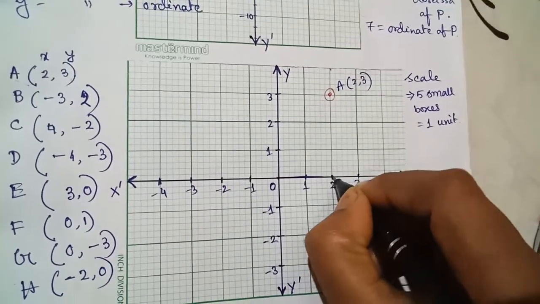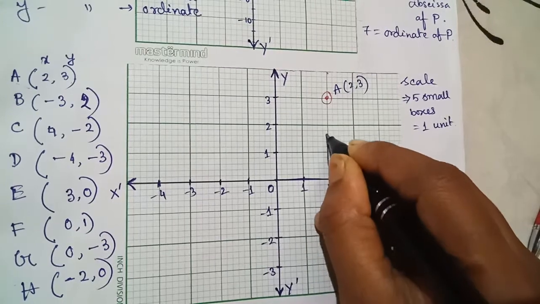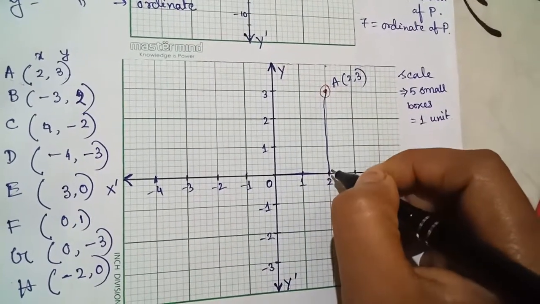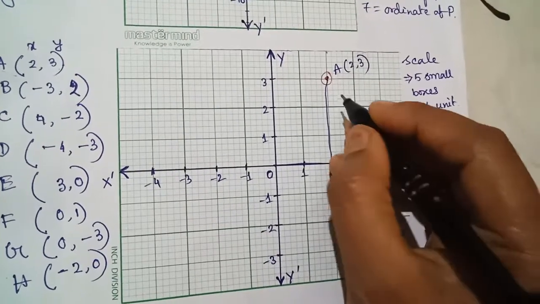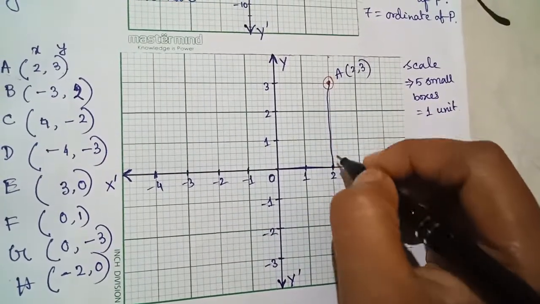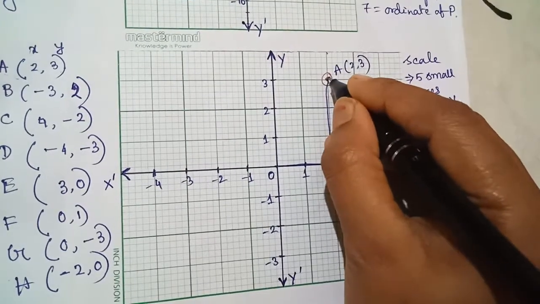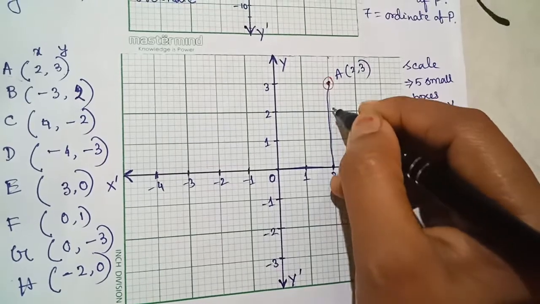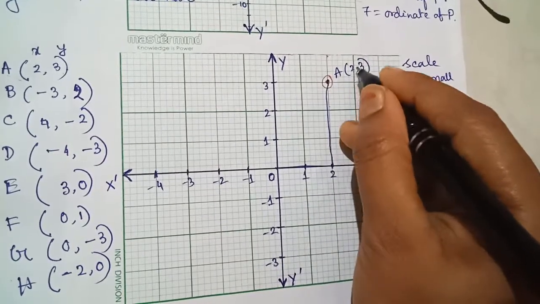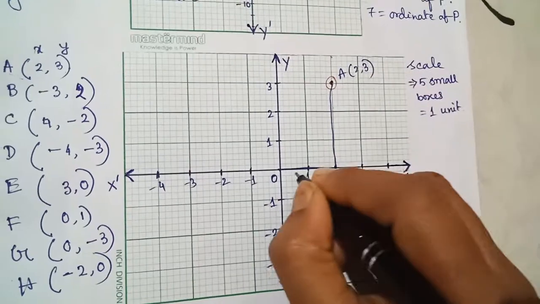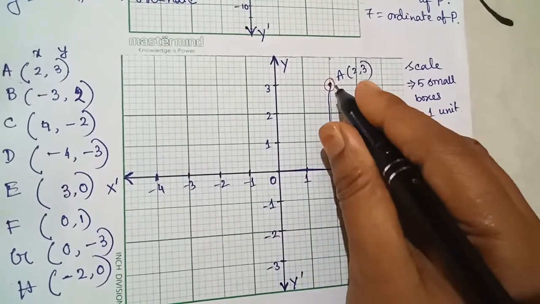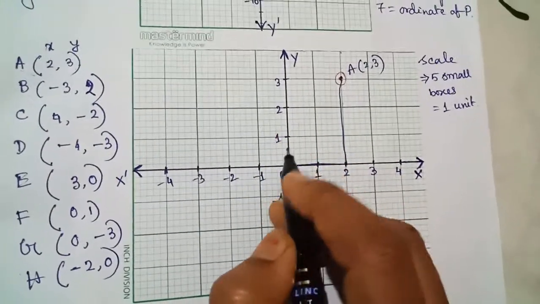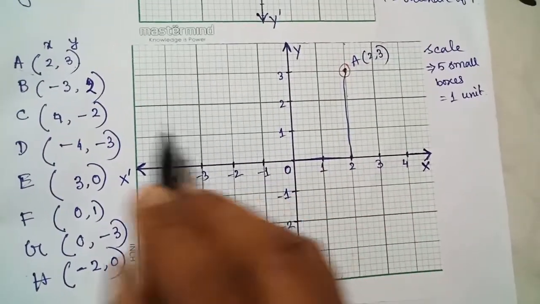That means from this point I will go upward. I haven't used scale, just you saw it. That's why the line is not so straight. Okay, so please just ignore it. So this is the point we have got, because 3 units, look, positive 3 units. So the same point we have got. But next time you will not draw these lines, just you will count these lines. You will not draw it, otherwise it will look very bad.